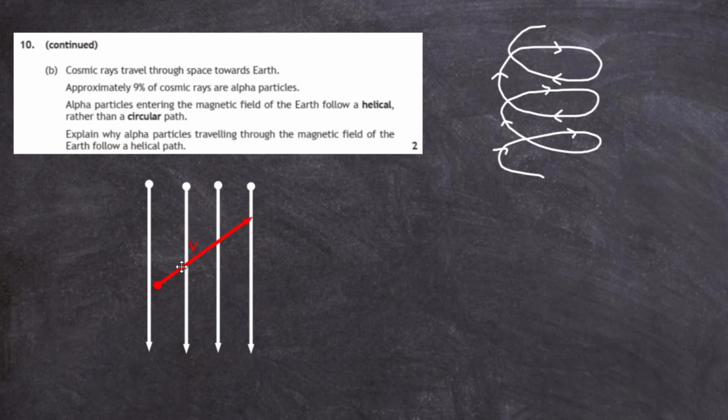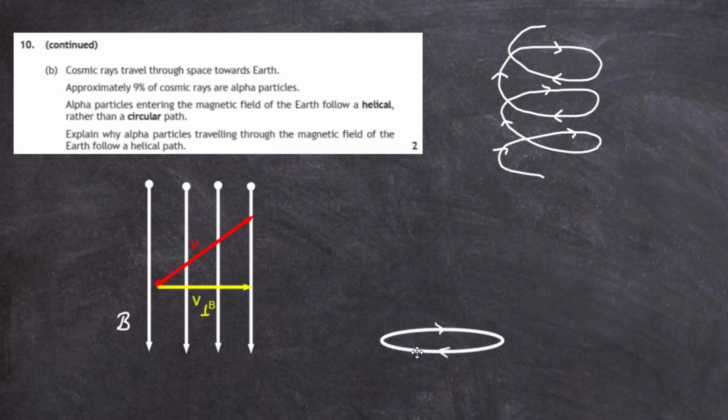In this case, you can see that the velocity vector is at an angle to the B field vector. Remember, that is the magnetic B field vector here, B. So you can see both of them are at an angle. And it's because of that angle that you'll get this helical motion, because we can break that velocity vector into its components, and one of the components will be perpendicular to the magnetic field, and it's that component which gives rise to the circular motion.